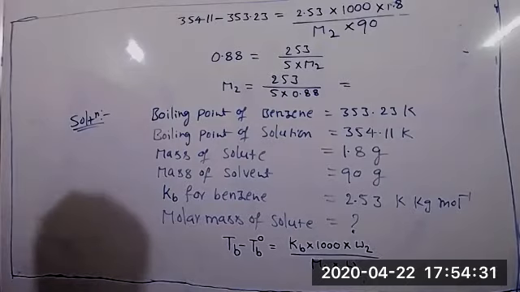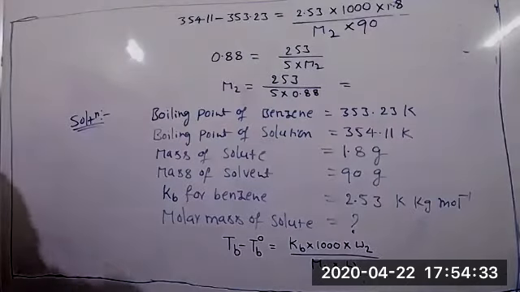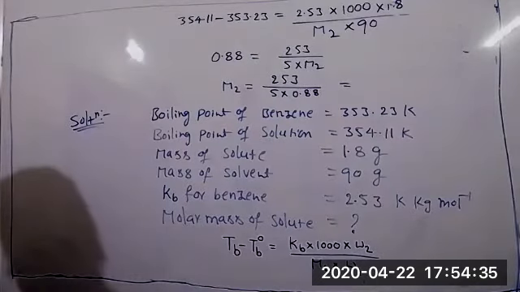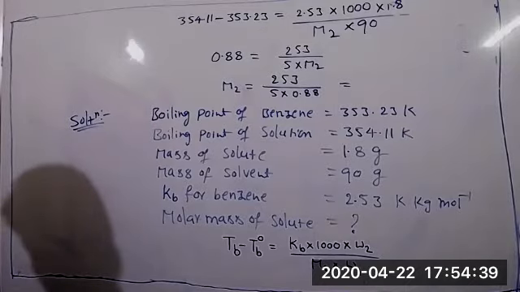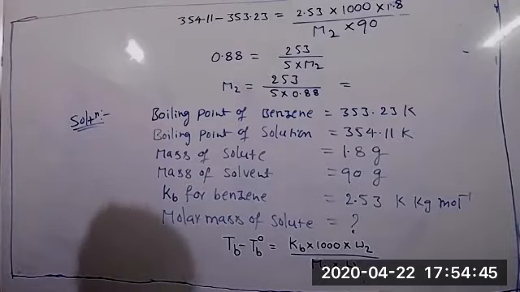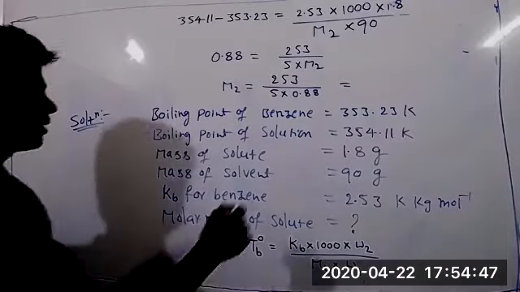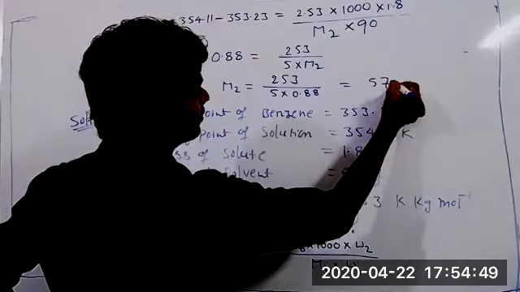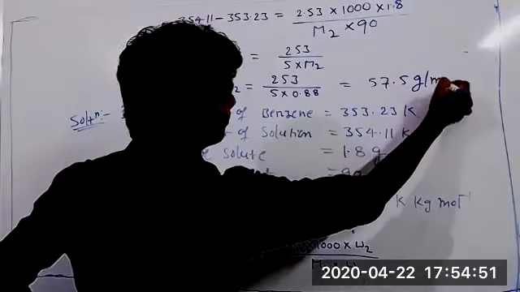So it is 57.5. The answer is 57.5 gram per mole.